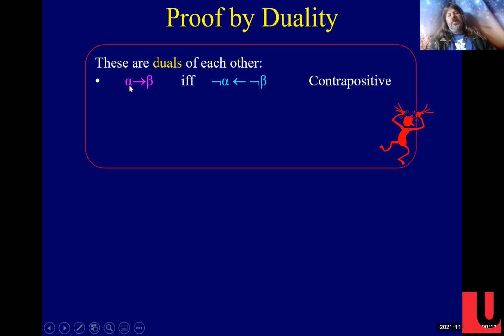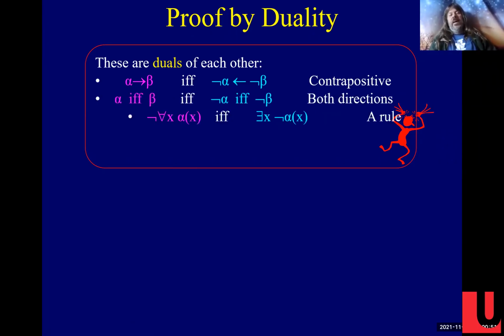Remember contrapositive: if alpha implies beta, then if beta is not true, then alpha is not true. Notice we stuck in negations and we switch the order there, right? And then we can do an if and only if there.